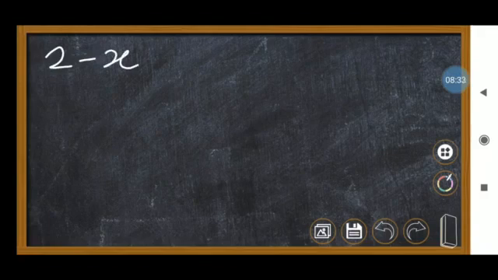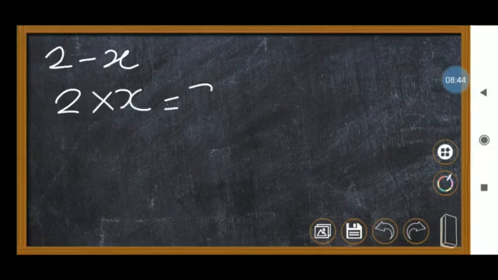So you can write a lot of other examples. For example, 2 minus x. 2 minus x also has a variable, right? It contains a number, it contains an operator symbol, it contains a variable, and we can write 2 into x. How can you write 2 into x? 2x.